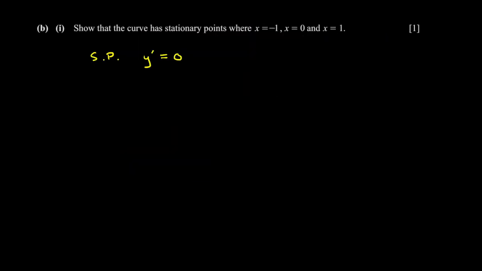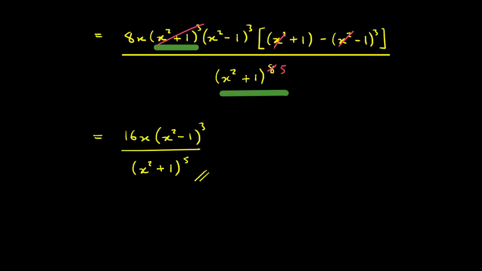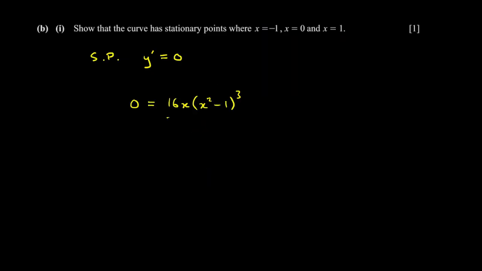So let me just copy that out. So 0 is equal to 16x(x squared minus 1) to the power of 3, I think it was, divided by (x squared plus 1) to the power of 5. And of course, if you're a little bit confused about what I just said about the numerator, just imagine if I multiply both sides by the denominator.